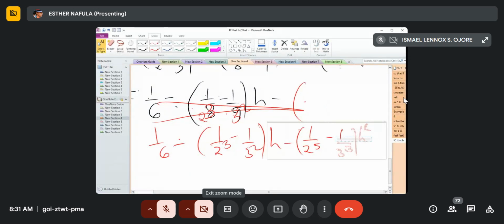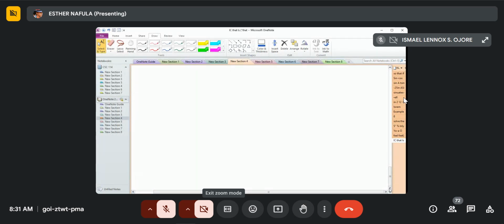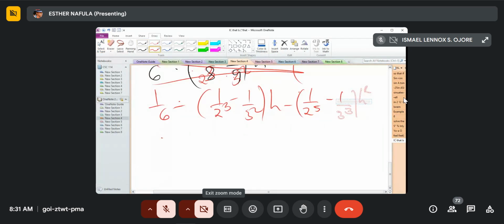Still okay. If you leave it as 1 over 8 minus 1 over 9, then times h outside, it's still fine. But we don't need our answer in terms of h because we had our z.